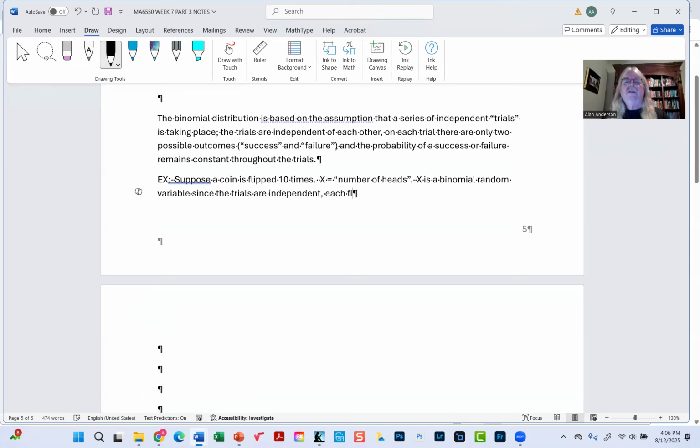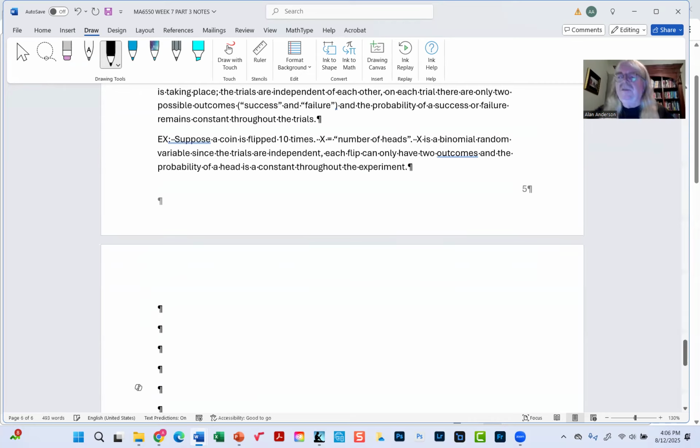Each flip will only have two outcomes. And the probability of a head, or success, is constant throughout the experiment. Then the probability of X having any particular value will look like this.